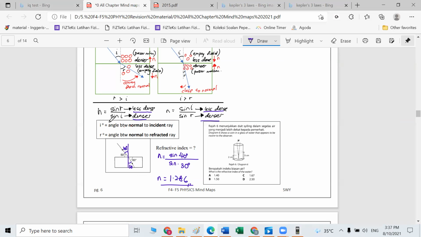Because i is the angle between the normal and the incident ray, 40. Here is 90, normal means 90 degrees. r is from the normal to the light ray. So it's sine 40 over sine 30.